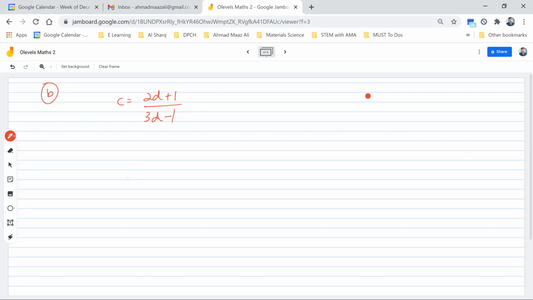You can simply start off by C times 3D minus 1 is equal to 2D plus 1. Just see what you get. 3CD minus C is equal to 2D plus 1.